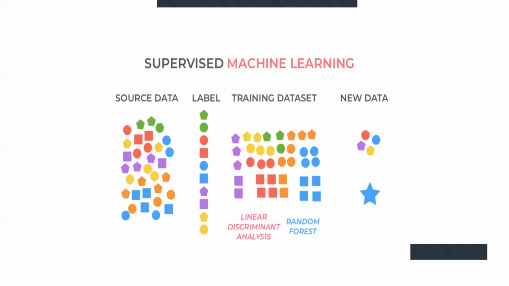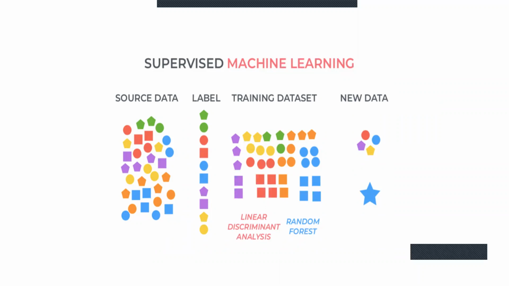So we saw that in supervised machine learning, we need a data set that has labeled source data. So data is not yet separated, it's not yet inputted into this classification model, but it has labels.